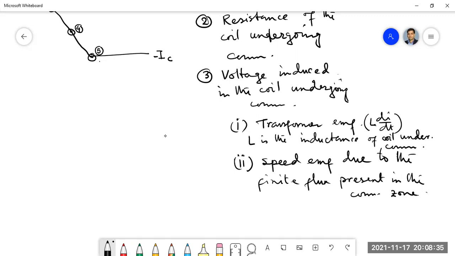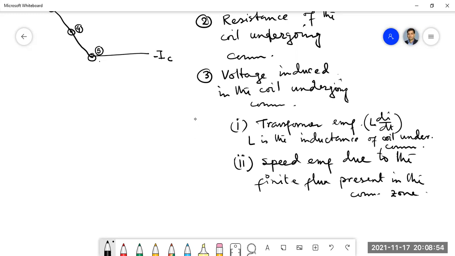Just the way in a transformer you get the voltage L di/dt, but if there is a finite flux, we get a speed EMF. So that is a different thing. Both the transformer EMF and the speed EMF will decide the nature of the current change.